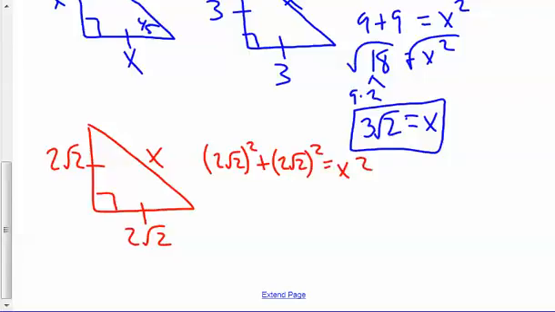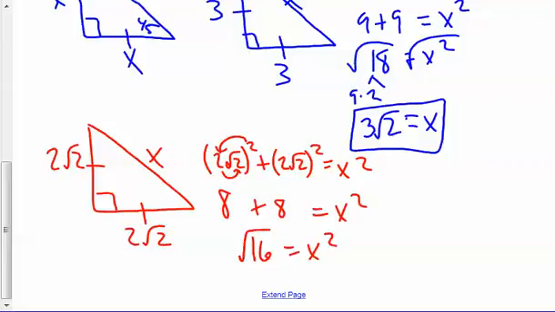When you square a number like 2 root 2, it's 2 root 2 times 2 root 2, which is 4 root 4, which is 4 times 2, 8, right? So this is also 8, and we get x squared. So we get 16 equals x squared. Take the square root of both, and you get x equals 4.